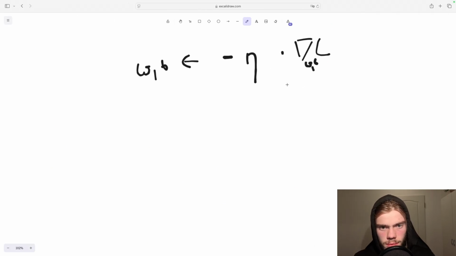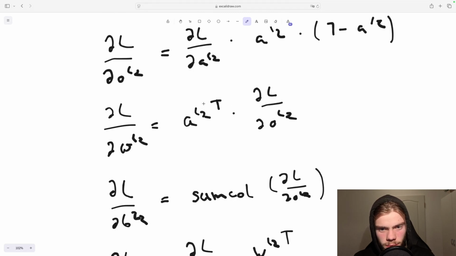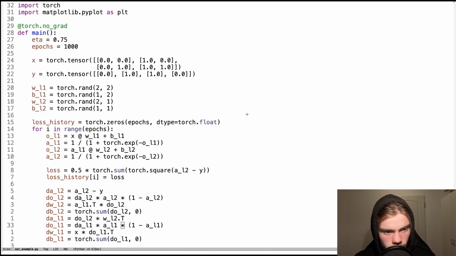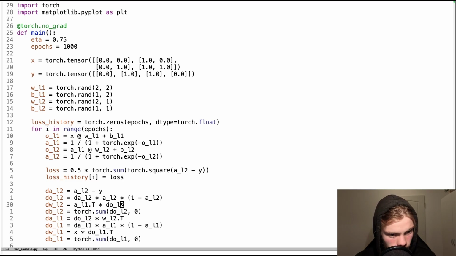If you recall this, I made it correct here, but in the implementation I had it the wrong way around. So we have to change that as well. It's the input transposed. And we also have to make this a matrix multiplication. And we can run this now.